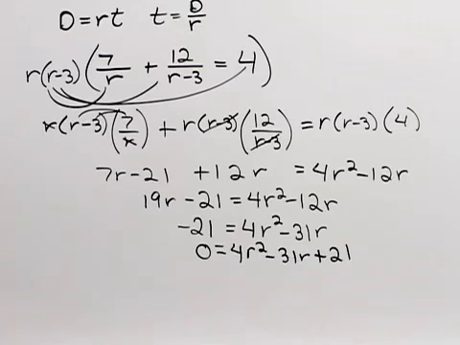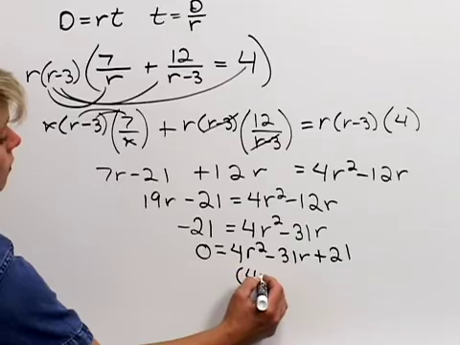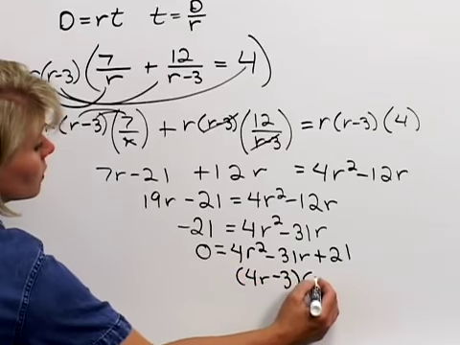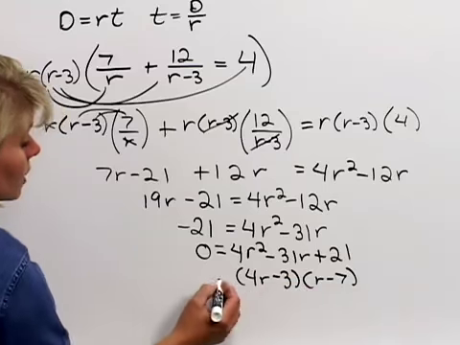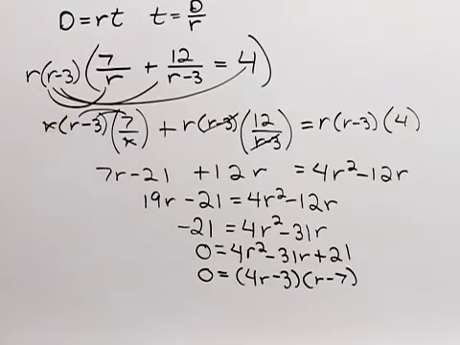You have a choice now of factoring by grouping or factoring by guess and check. When you factor, you will come up with 4r minus 3 times r minus 7. And that's going to equal 0.